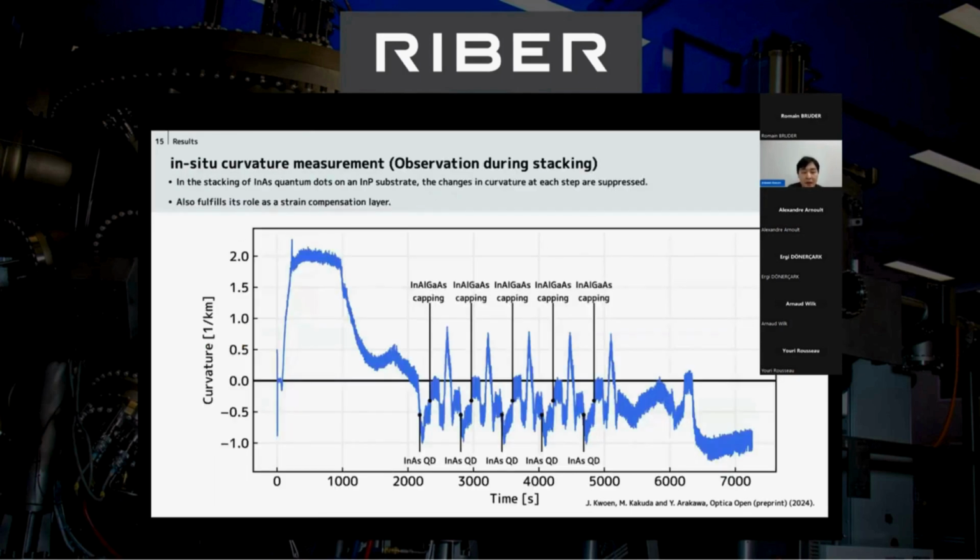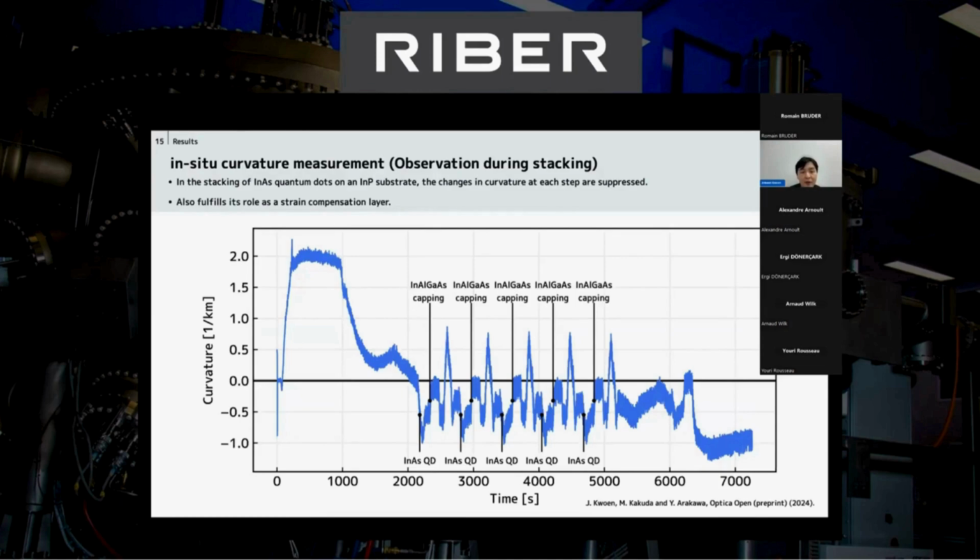After that, we grow the quantum dot stacking layer. In the stacking of the indium arsenide quantum dots on the indium phosphide substrate, the changes in curvature at each depth are suppressed like this. When we grow the indium arsenide quantum dot, the curvature decreases like this.